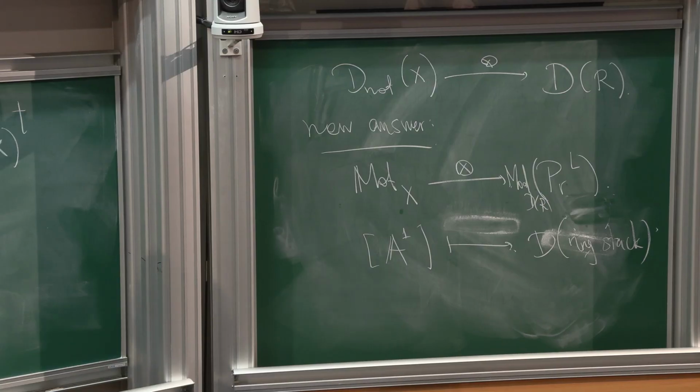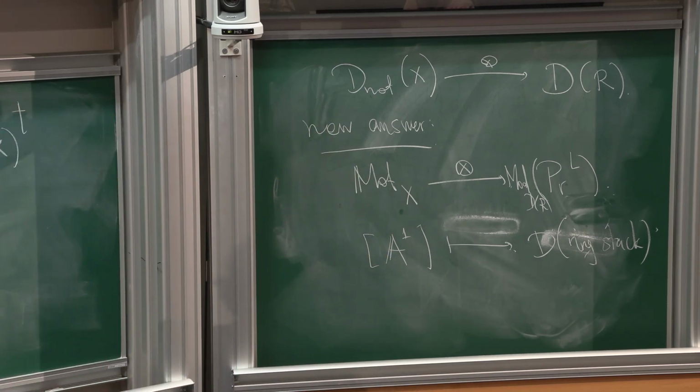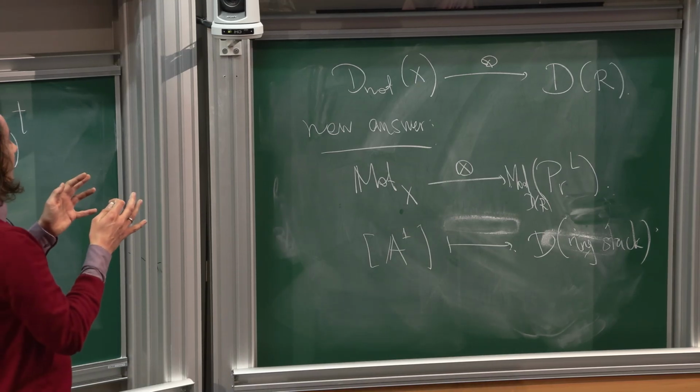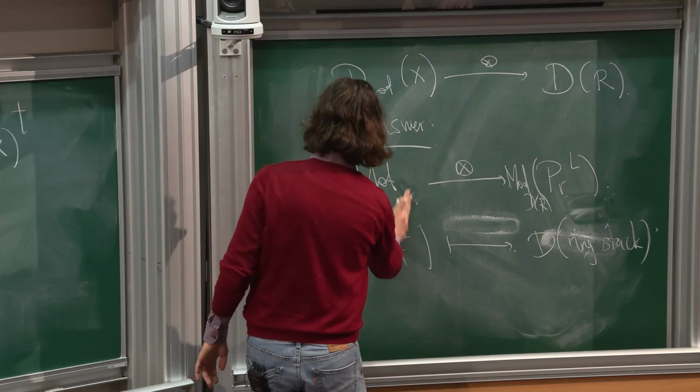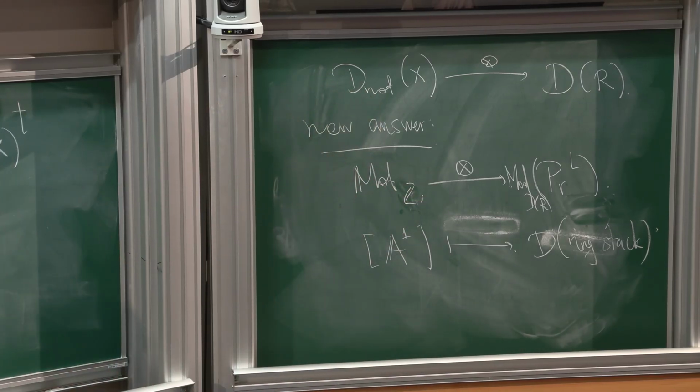And if it does come from a stack, then the structure you need to put in is precisely that of a ring stack, because you need to make this functorial in all the polynomial maps between affine spaces, which exactly gives it the structure of a ring stack. So such 2-categorical realizations, at least if you take C here, are precisely classifying ring stacks with the properties that are needed so that it actually defines such a realization.